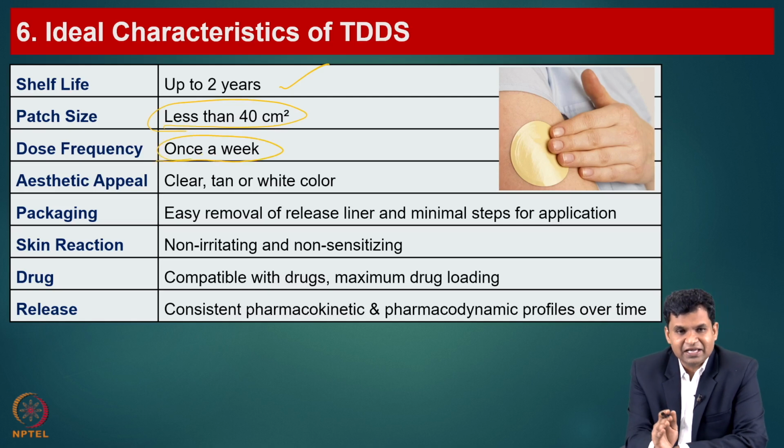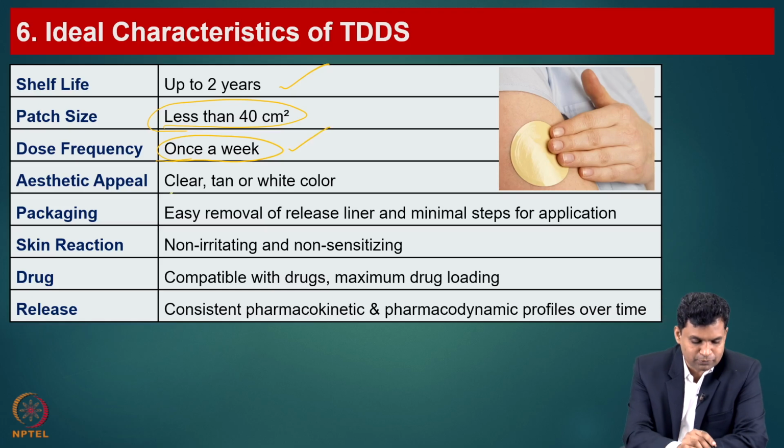Daily dosing is preferable in the case of smoking cessation, but when it comes to a drug molecule, you cannot go ahead with daily dosage. So, once a week is preferable, like in hormone replacement therapy and some other cases. Aesthetically, your transdermal patch should be clear, tan or white in color.